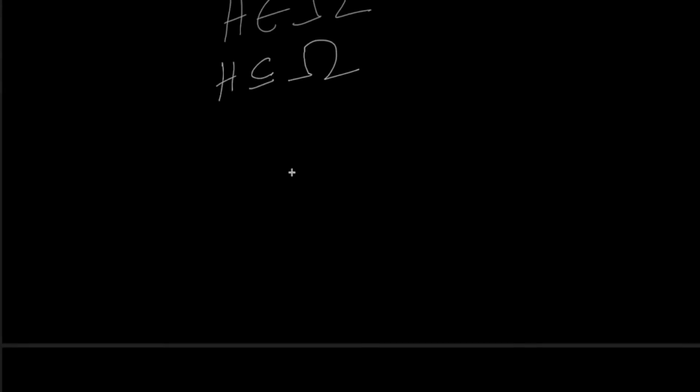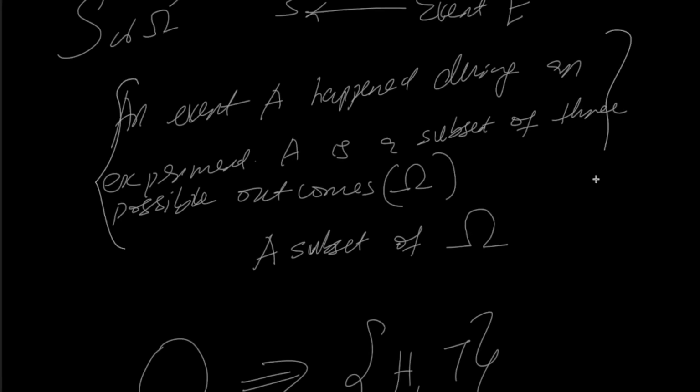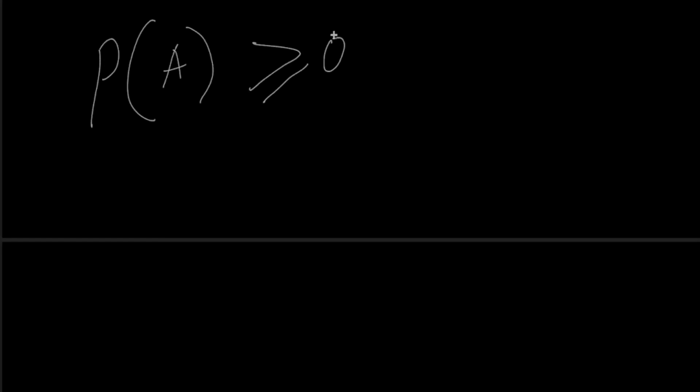If you are asked in this type of scenario to find the probability of A, you write probability of A. One thing you must put at the back of your mind: the probability of A, the answer you eventually have, can never be less than 0 and can never be greater than 1. So the probability of A is always equal to 0 or greater than 0.